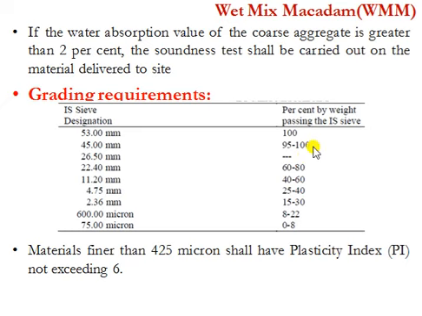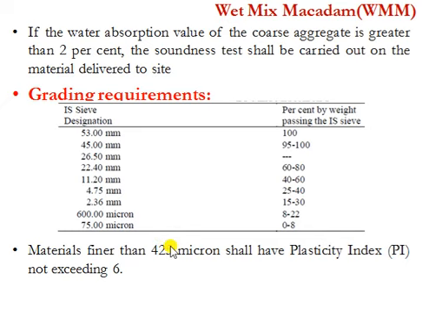So it is percentage by weight passing through the sieve. So this is the specification which should be followed in the selection of materials in the construction of wet mix macadam. And the materials finer than 425 micron shall have a plasticity index less than 6.